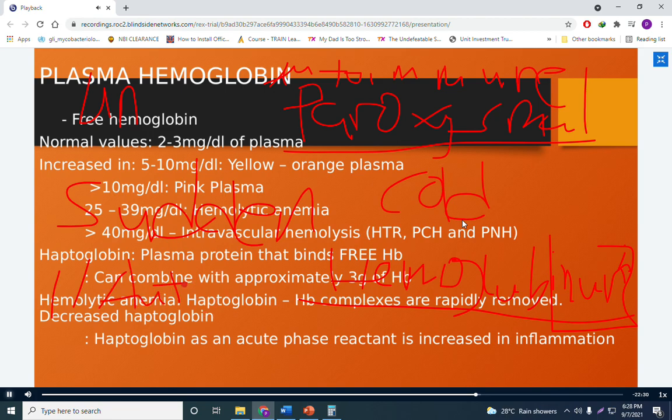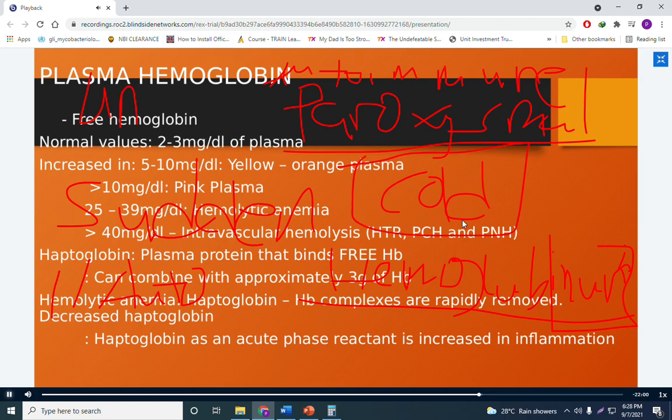So ulitin ko, your PCH, class, this is a very rare, uncommon type ng autoimmune hemolytic anemia in which the auto-antibodies are produced to attack your red blood cells in cold temperatures.